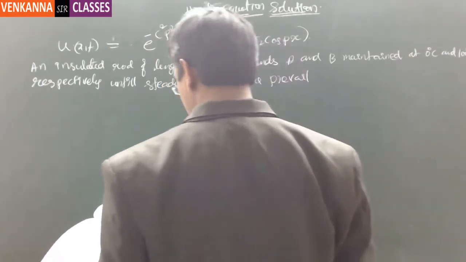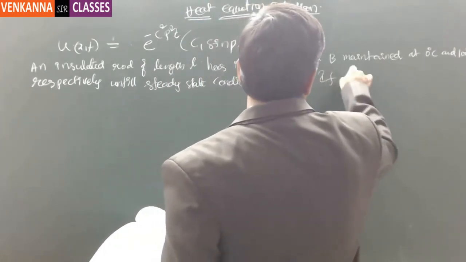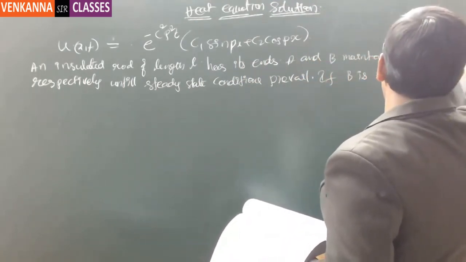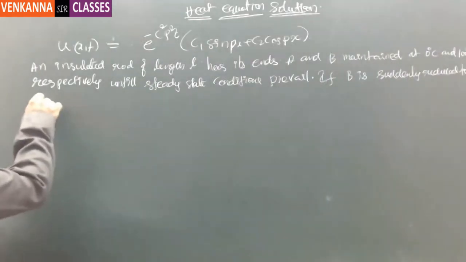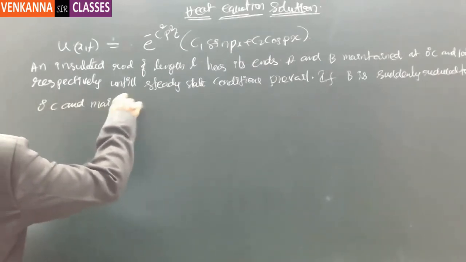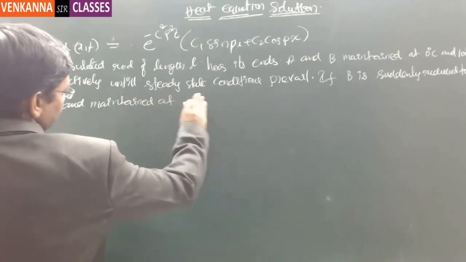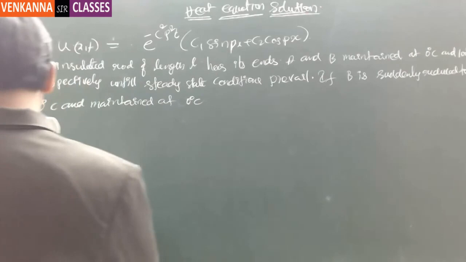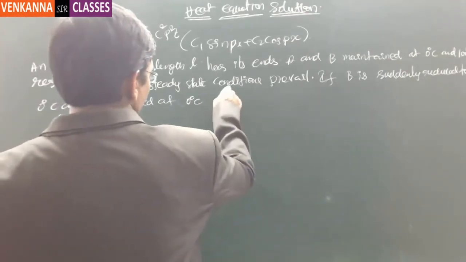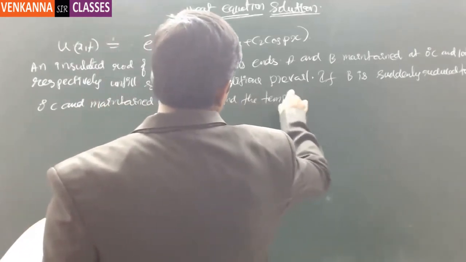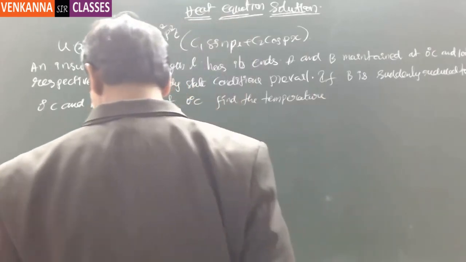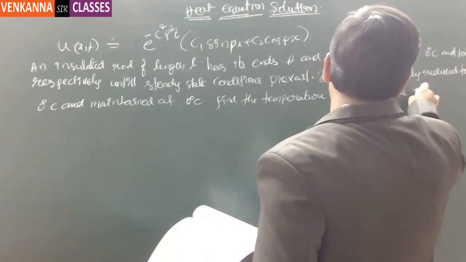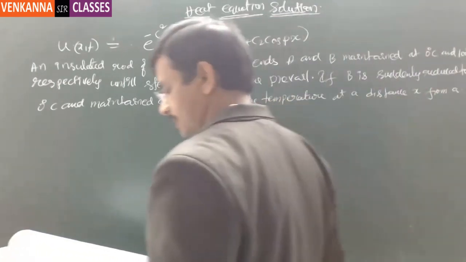If B is suddenly reduced from 100 degrees to 0 degree centigrade and maintained at 0 degree centigrade, find the temperature at a distance x from A at time t.